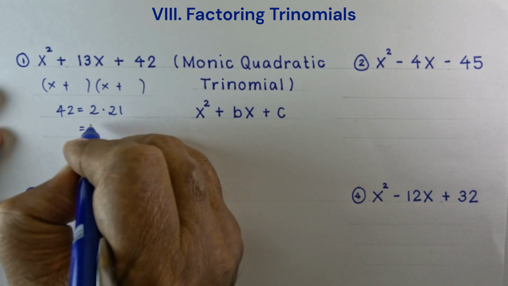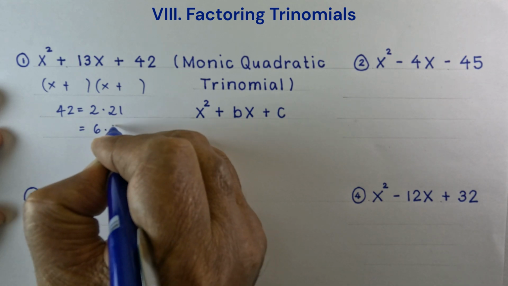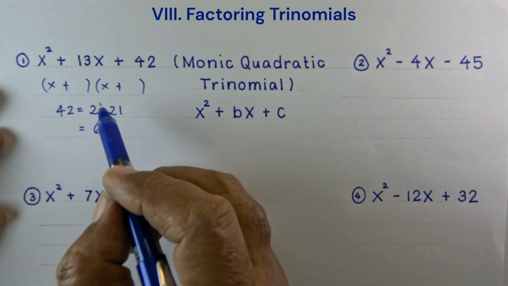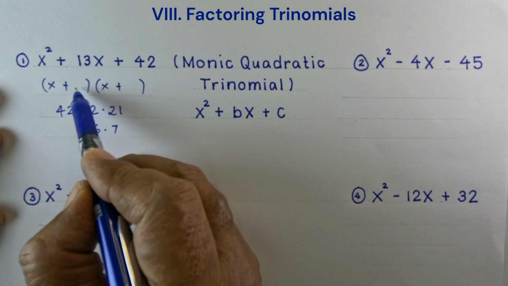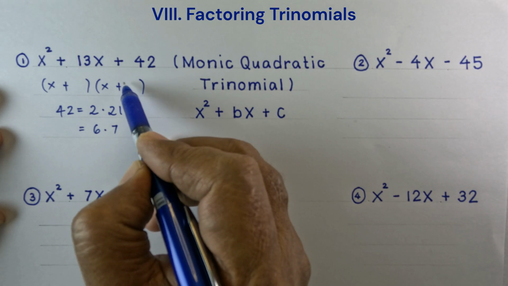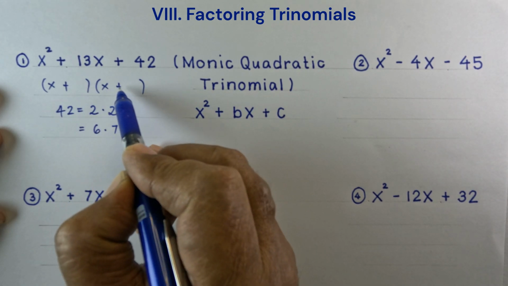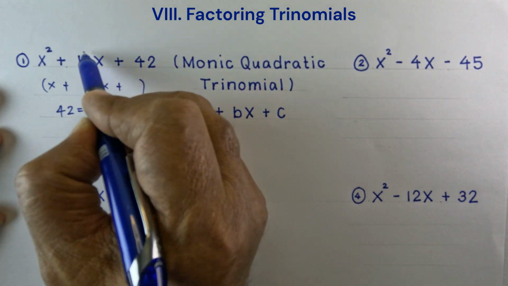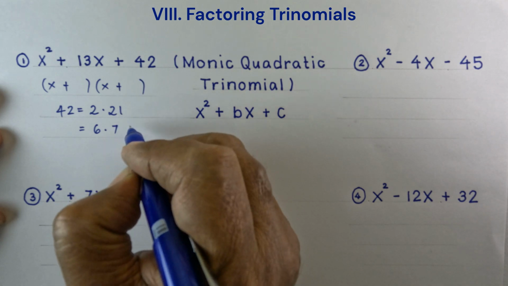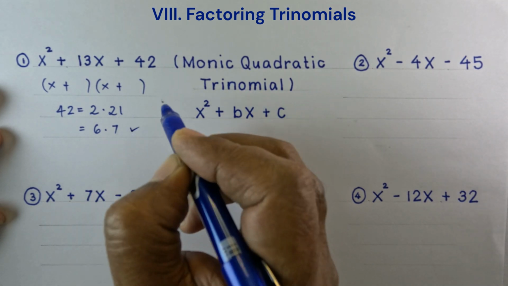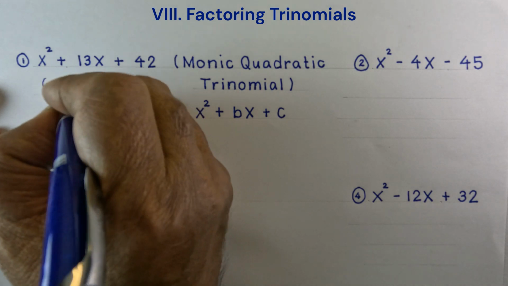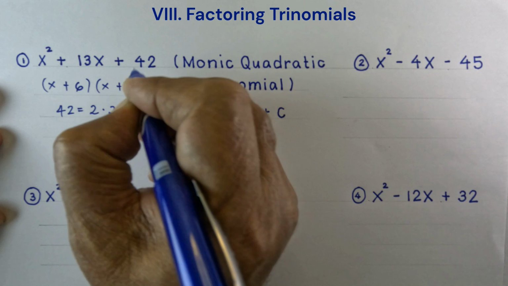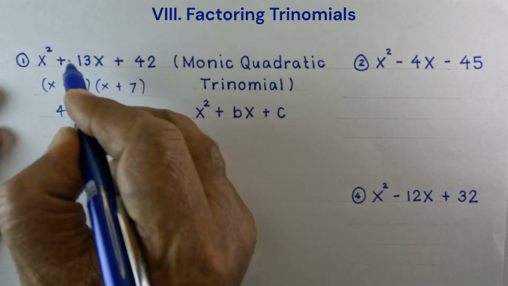How about 6 times 7? So 6 times 7 is 42. If I place here 6 and the 7 here, that would be 6 plus 7, and that's equal to 13. Exactly that number. Therefore, this is the right pair of factors. So I'll write here 6 and 7 here. So 6 plus 7 is 13.